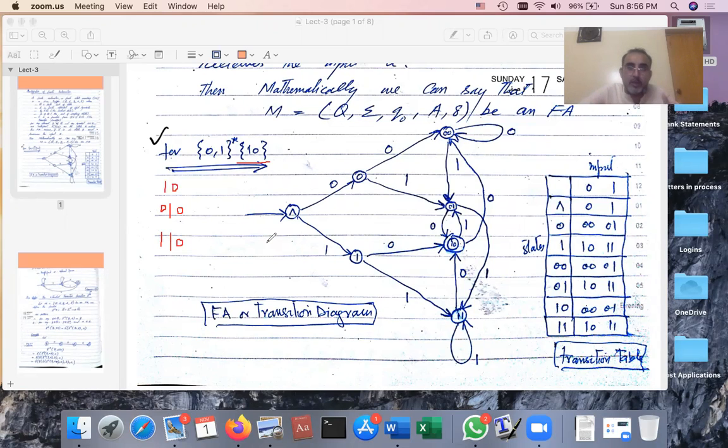So now you have to think in this way. You have to draw your FA by considering these minimal strings in your mind. This is my starting state, and I am considering this string first. From the initial state, by taking 1 and then 0, I can be on the acceptance or final state.